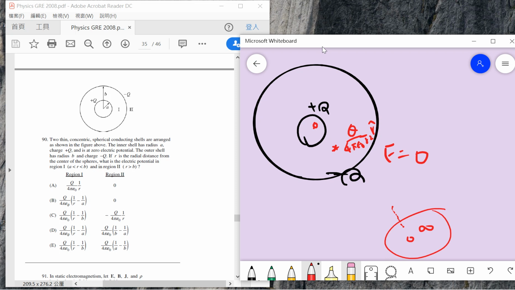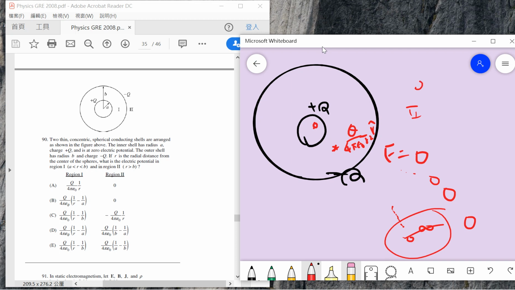But this depends on which point you set. Because in this question it did not tell you which point has potential 0. So what you need to do is assume that this is 0.